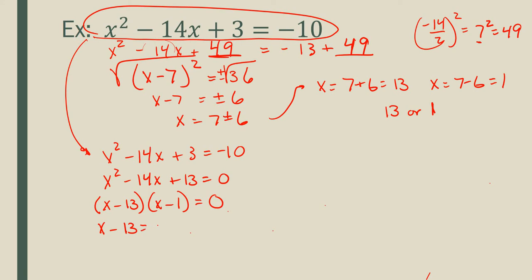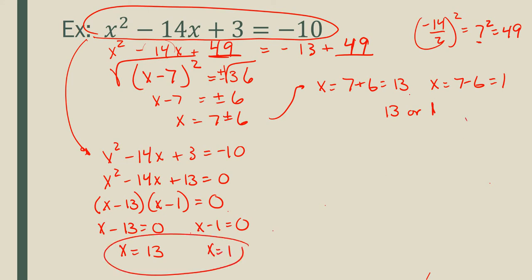And then setting each factor equal to 0, you see that I'm going to get the exact same solutions here that I got up here. So two different methods, both of them worked on this one. On the previous ones where we got a radical for our answer, those would not factor. So the only method that I could have used would be completing the square.